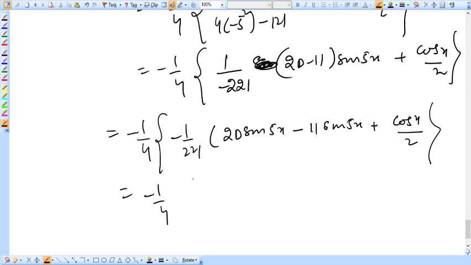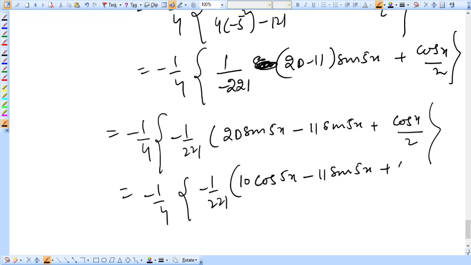So it would be, after differentiation, d stands for differentiation, it would be 10 into cos 5x minus 11 sine 5x plus cos x by 2.